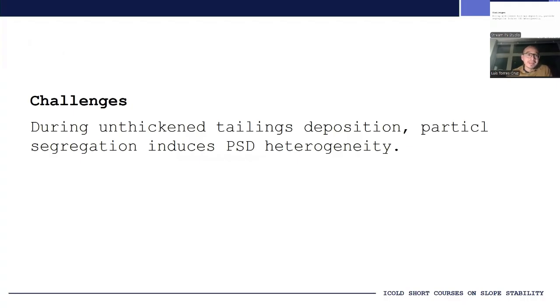One of them is that when it comes to conventional unthickened tailings deposition, particle segregation will induce heterogeneity in particle size distribution.